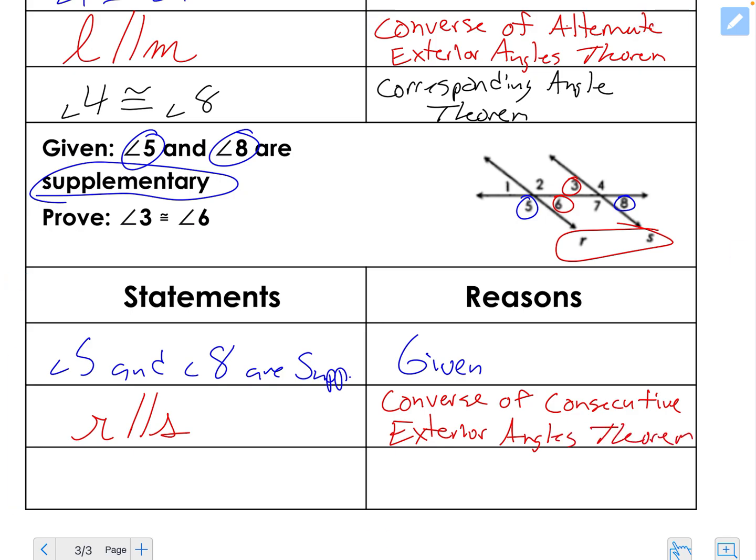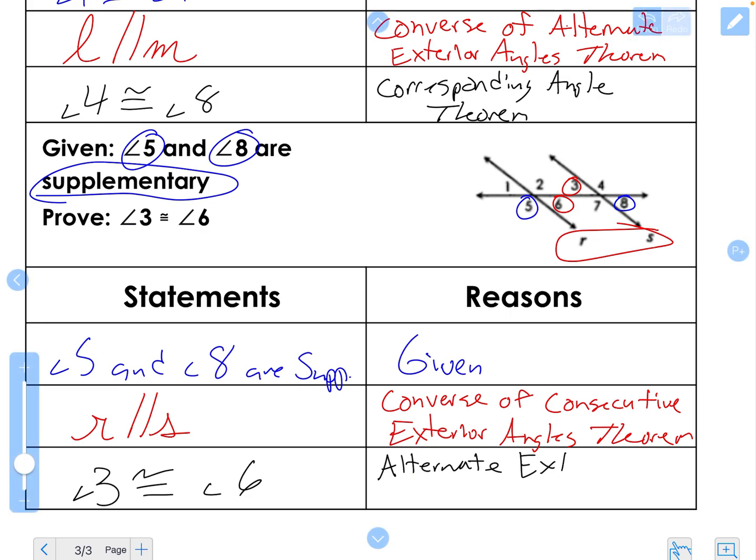Once I know that R and S are parallel, I do know that angles 3 and 6 are congruent. The reason I know that 3 and 6 are congruent is alternate exterior. Nope, not exterior. I always get those backward. I always write them backwards. I know them, but it's alternate interior angles theorem.